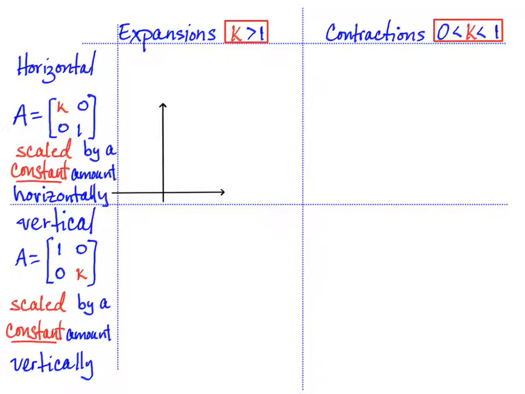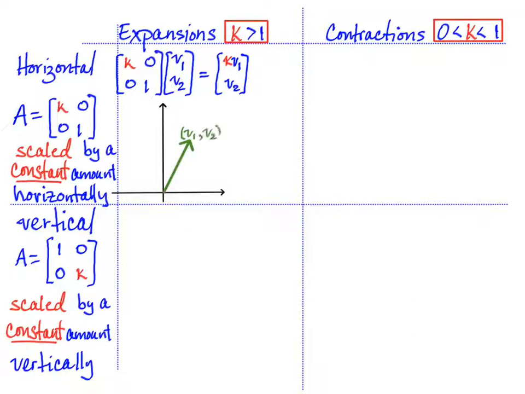So for a horizontal expansion, we're going to multiply the vector (v1, v2) by the matrix with columns (k, 0) and (0, 1). And what we get is (k v1, v2). So we've just multiplied the horizontal, or the first component, by the scalar k, and we've left the second component alone. So that's a horizontal expansion if k is greater than 1.